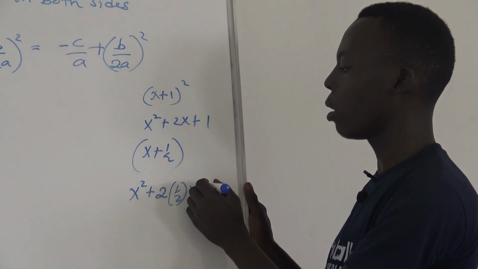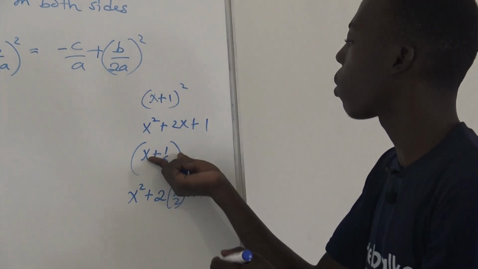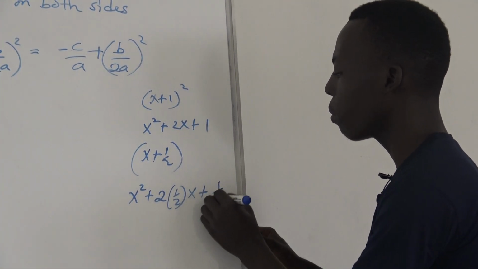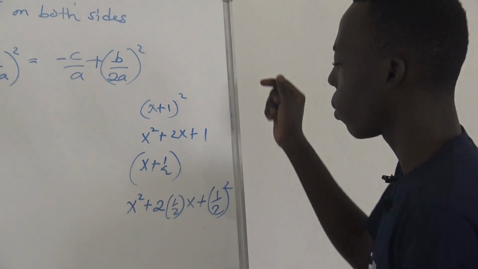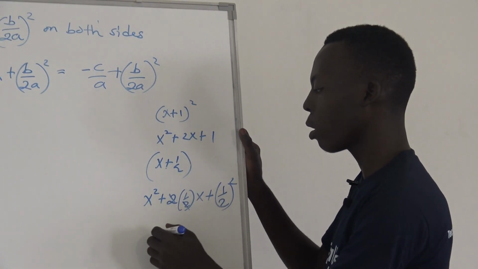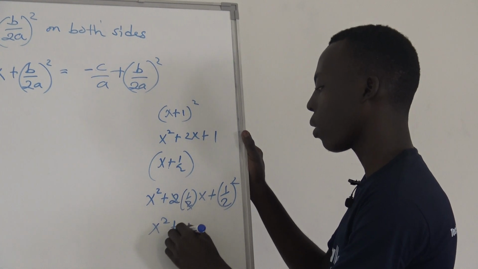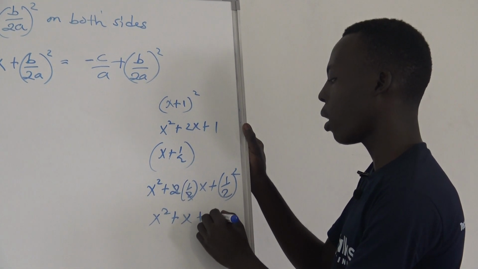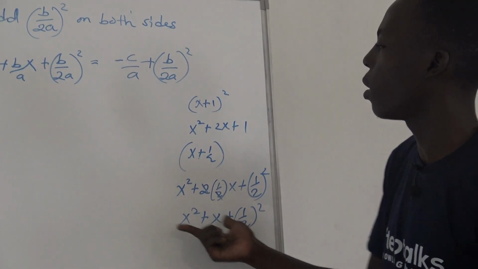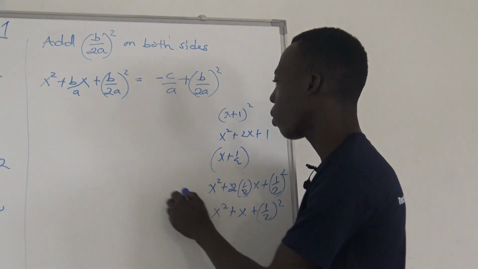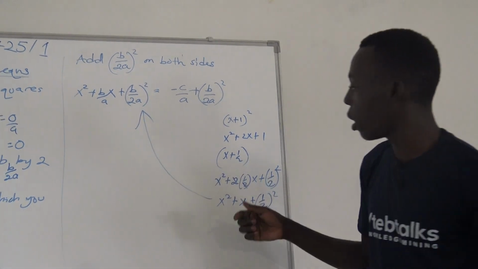Then we also get this one squared, so it becomes a half squared. So this is the same thing we have here. When you reduce this, we have x squared plus x, then plus a half squared. So this thing is the same as this. So these things are the same.